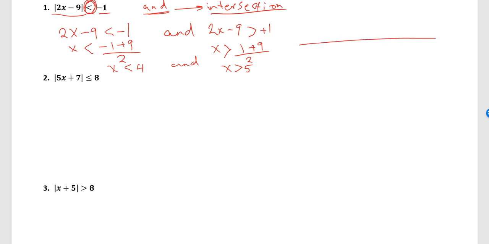So let's draw this on the number line. Actually, let's draw it a little higher. Okay, so 4, 5, 0.